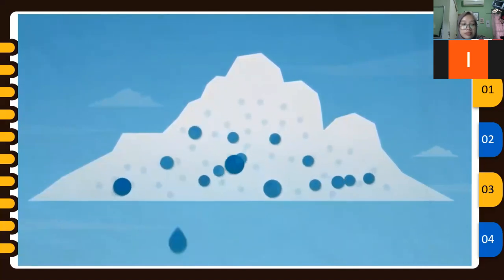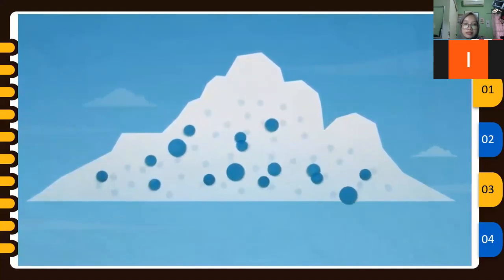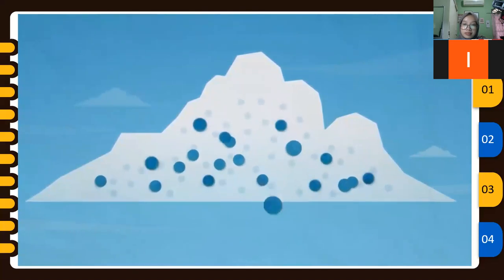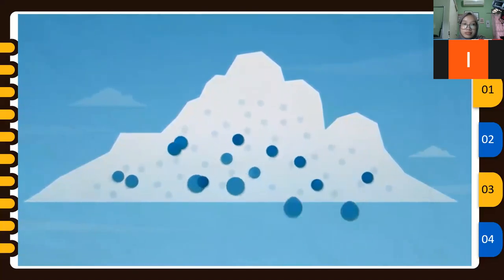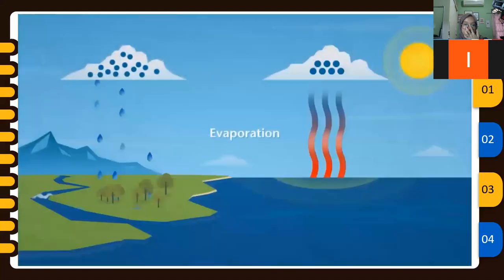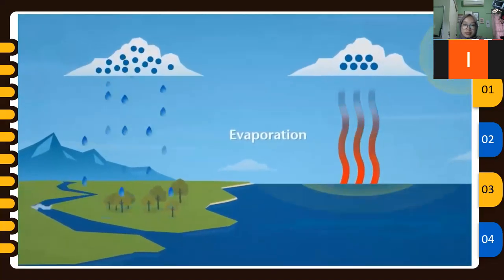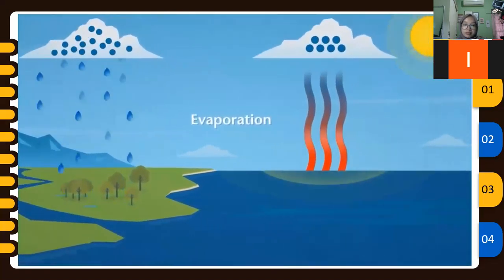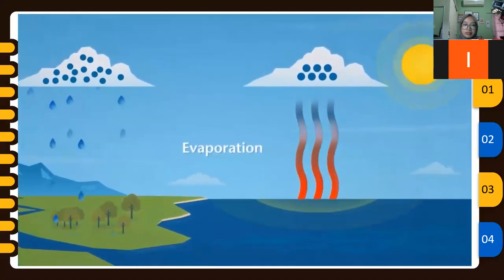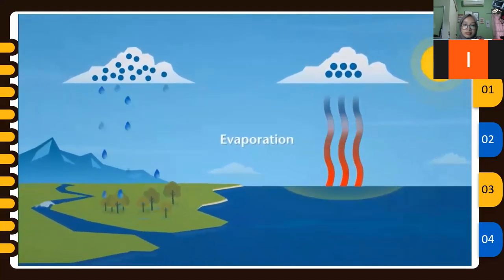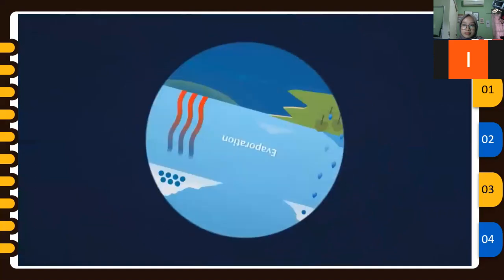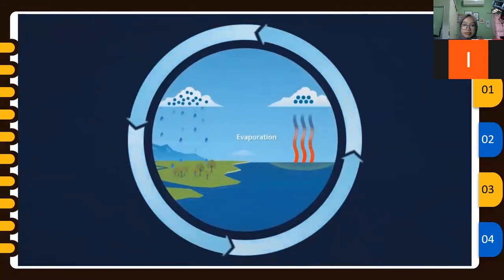And every single raindrop that reaches the ground is made up of 1 million of the original tiny water droplets. Raindrops fall on the ground surface where the sun can shine on them, and the whole process happens again. This is called the water cycle and keeps water moving from the ground to the sky, providing the water needed for plants, animals, and people to survive. So now you know.